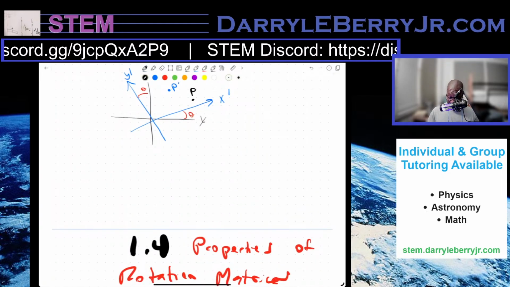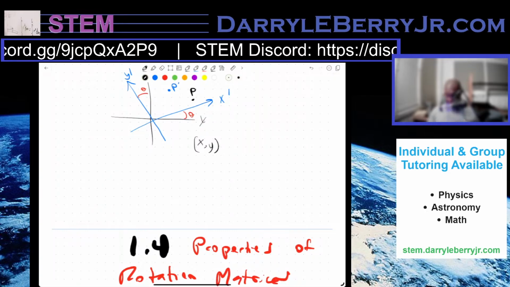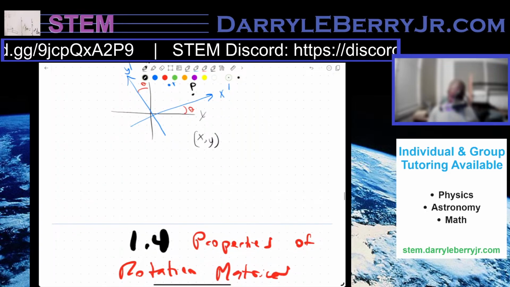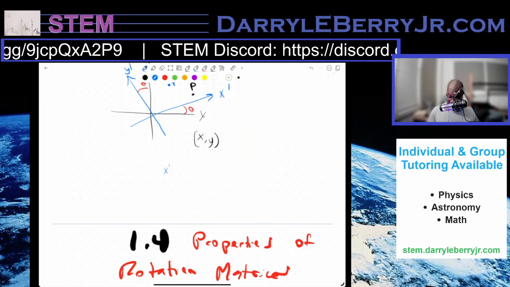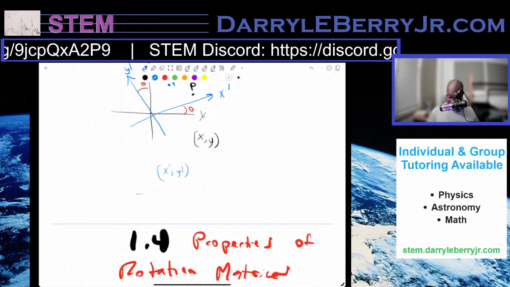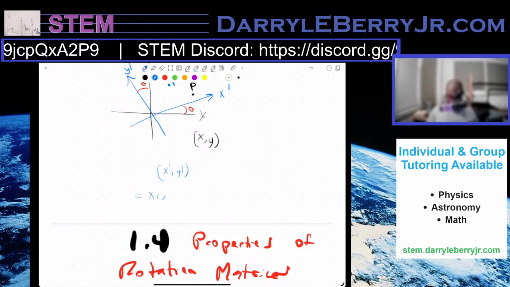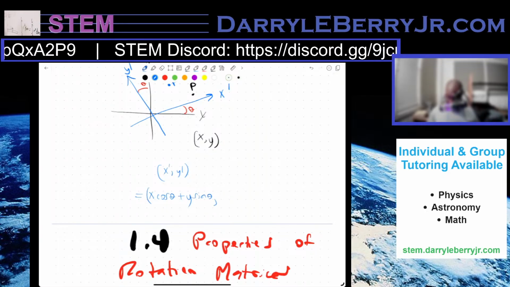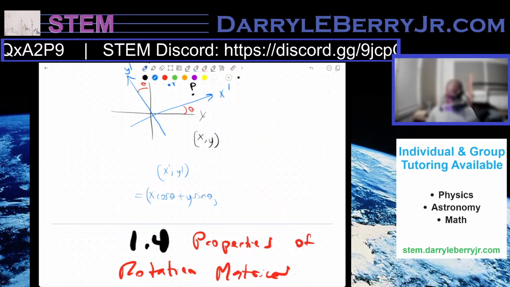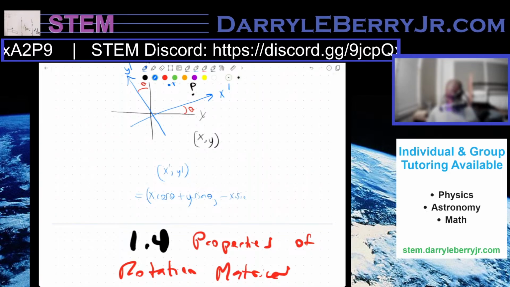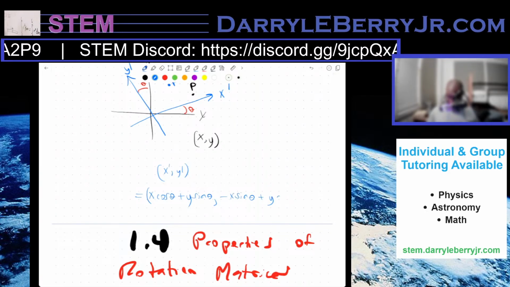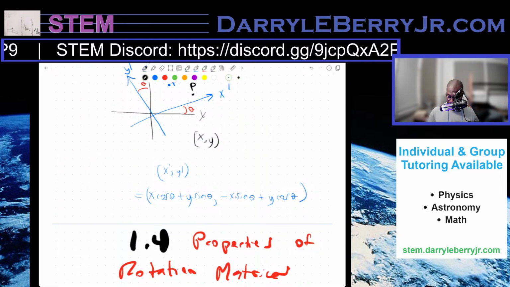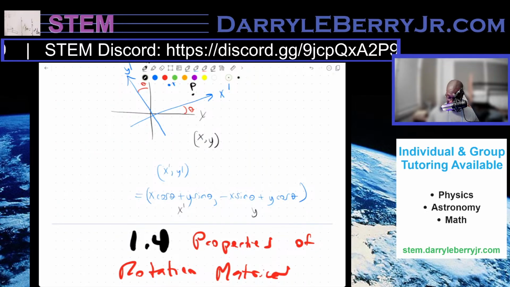If x, y is the position of the particle in the original coordinate system, then the position in the new coordinate system will be x prime, y prime, which equals x cosine theta plus y sine theta for the x prime value, and negative x sine theta plus y cosine theta for the y prime value. So what I did earlier is just showing that derivation and how we got that.